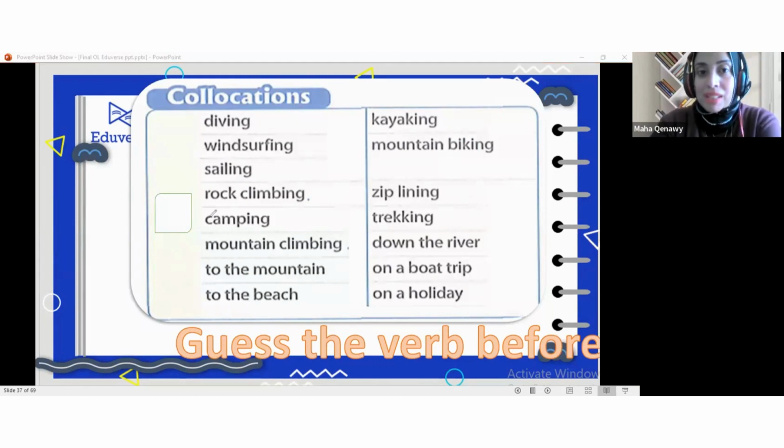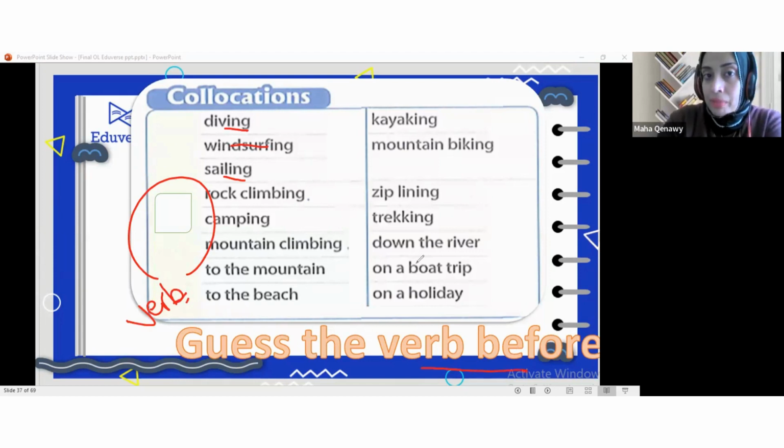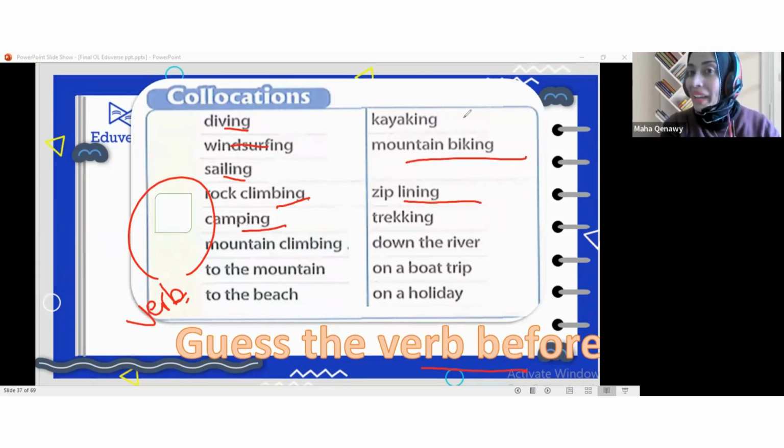Collocations, my friends, means which verb I use before these nouns. Can you guess the verb? Diving. Do I say play diving, have diving, climb diving? Which verb do you think? Climbing, camping, zip lining, mountain biking, kayaking.